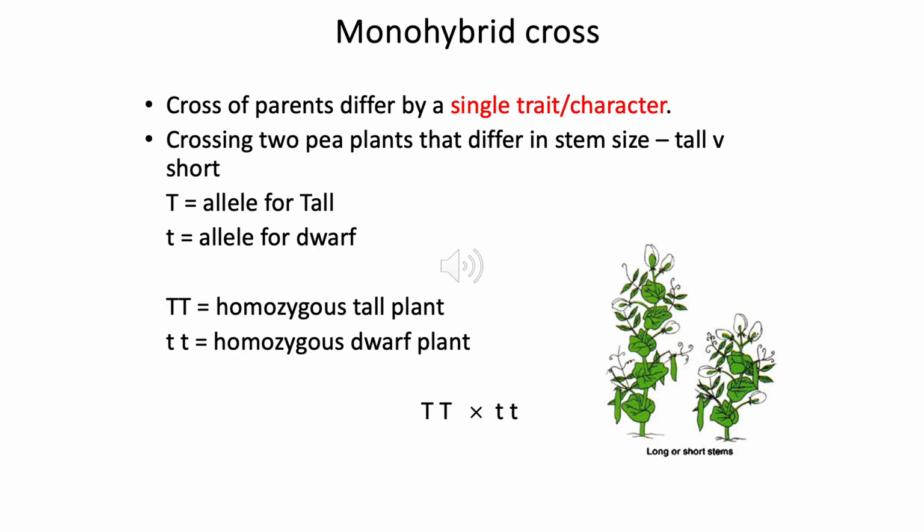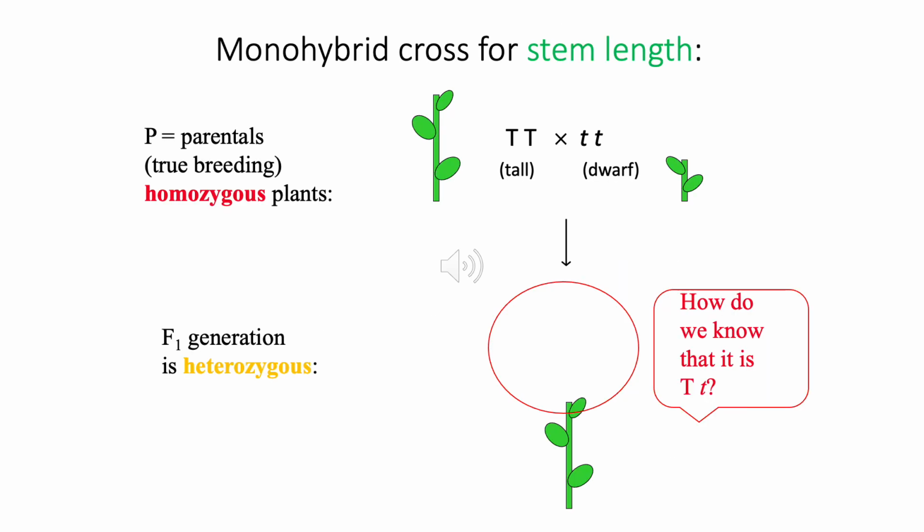So we cross them together, between the long and short stem. So this is the monohybrid cross for stem length. The P parental generation is true breeding: we cross between the homozygous dominant tall plant and the homozygous recessive dwarf plant, and we will produce the F1 generation, which is all heterozygous.